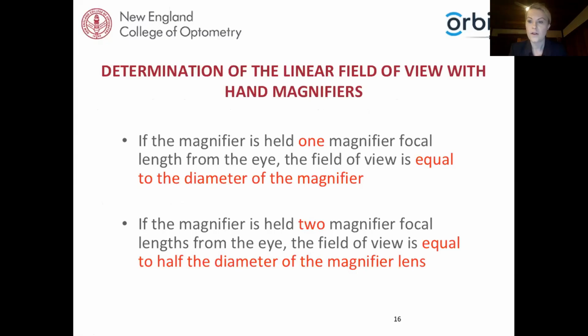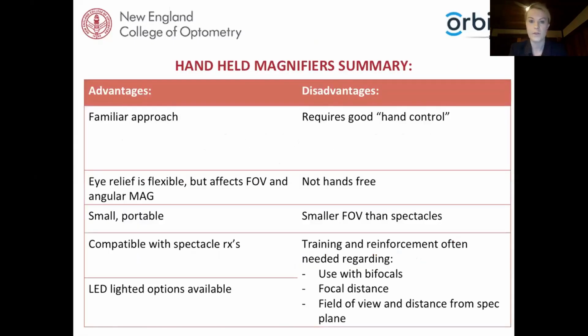If the magnifier is held 2 magnifier focal lengths from the eye, the field of view will be equal to half the diameter of the magnifier lens, again, because of that inverse relationship. So hand magnifiers, when we're prescribing these, there's a few nuances we have to be aware of.